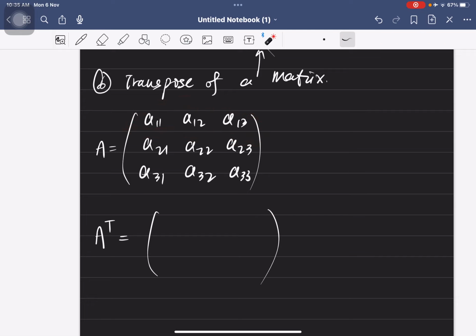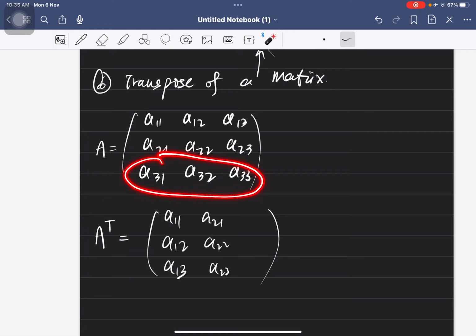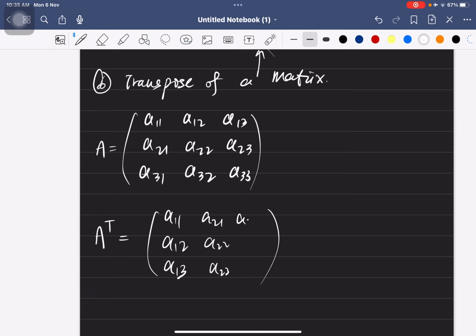The second row becomes the second column: A21, A22, A23. And the third row becomes the third column: A31, A32, A33.